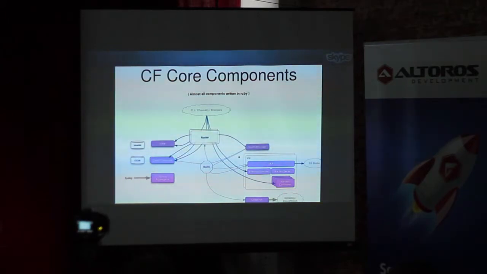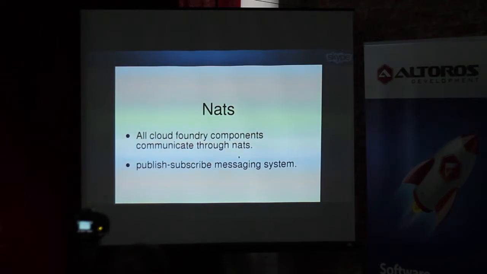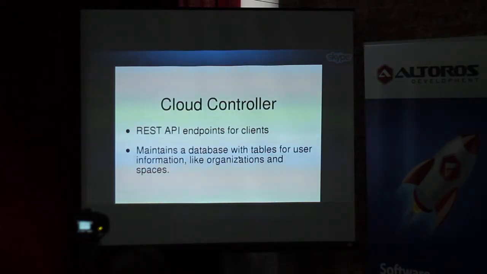Thanks, Alan. One important thing to say is that all the components are written in Ruby. So let's start one by one. All the Cloud Foundry components communicate through NATS. And what is NATS? NATS is a very simple publish-subscribe messaging system. The next one is the Cloud Controller.